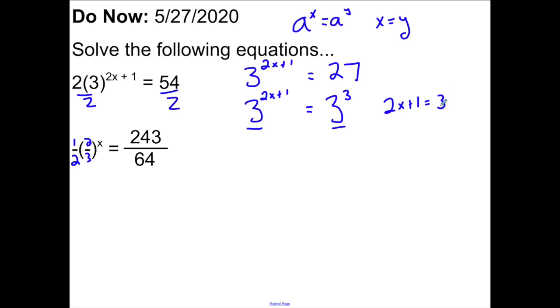And again, this is because of the one-to-one rule. The rule that says every input has one output, but every output also has one input. So if I'm plugging in 2x plus 1 into this function 3 to the x, and I'm getting the same output as 3 to the 3, then there's only one way to get that.